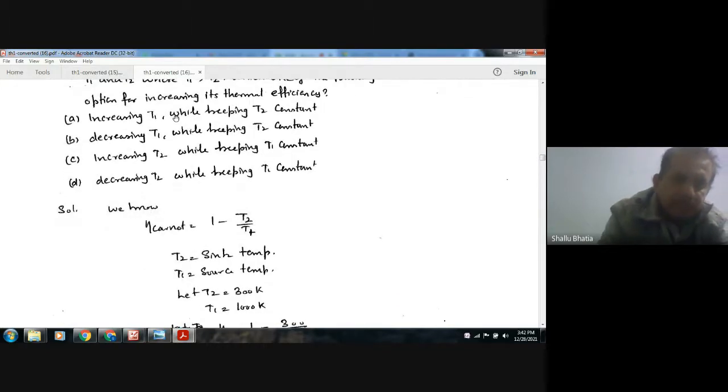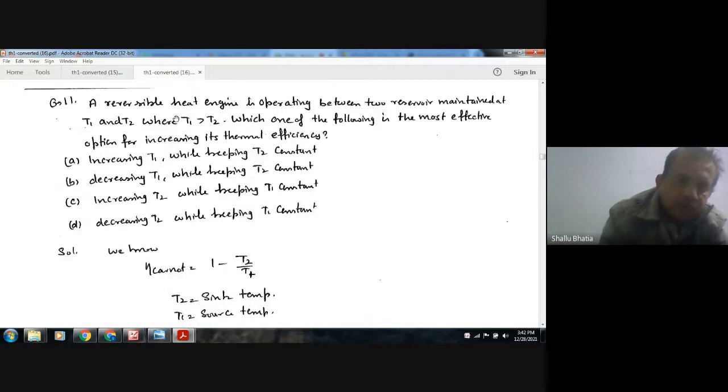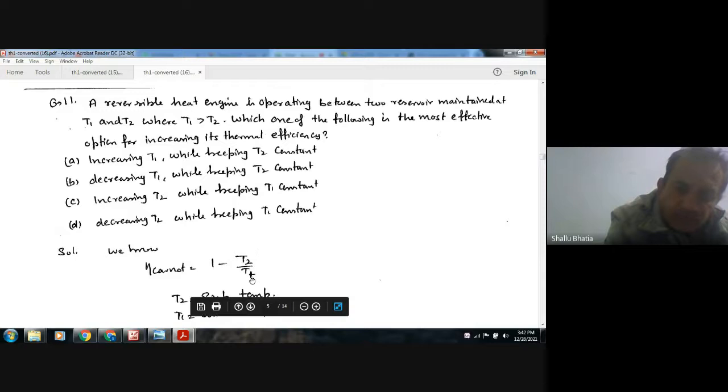The efficiency of the Carnot cycle is 1 minus T2 by T1. So sink temperature is T2 and source temperature is T1. Now the efficiency can be increased by decreasing T2 or increasing T1.